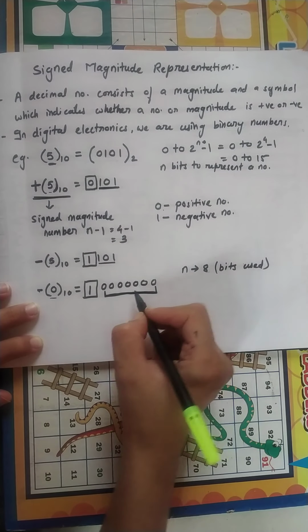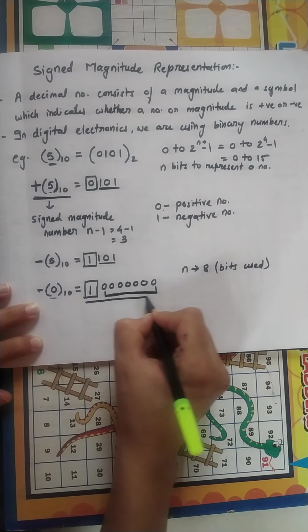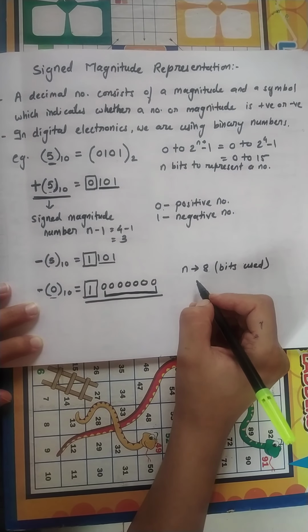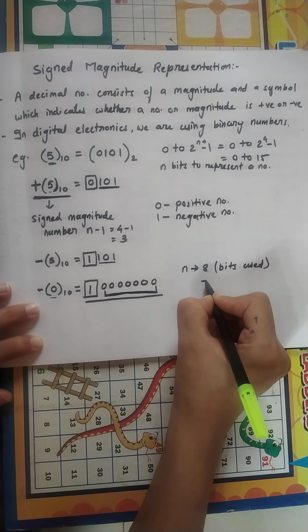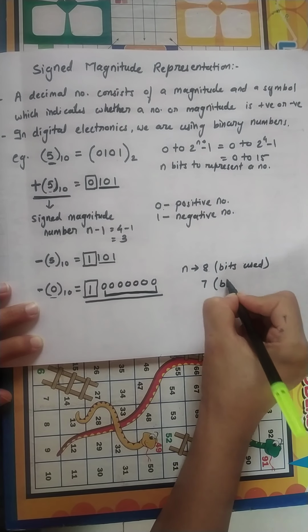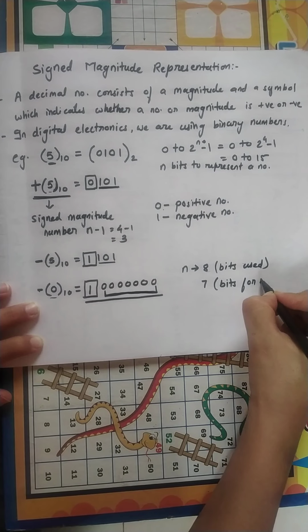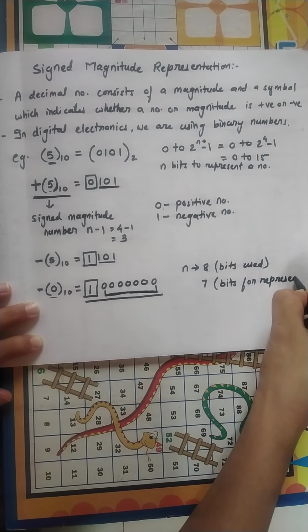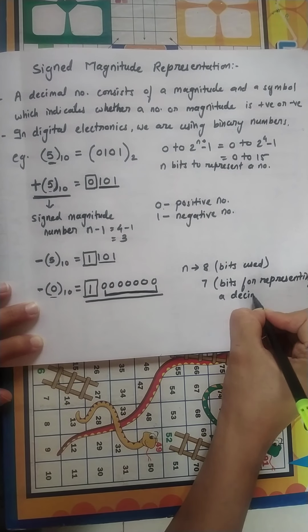So out of these 8 bits, 7 bits are used for representing a decimal number.